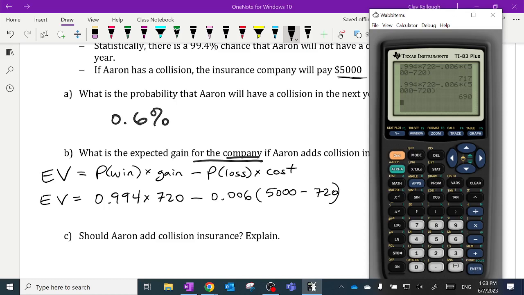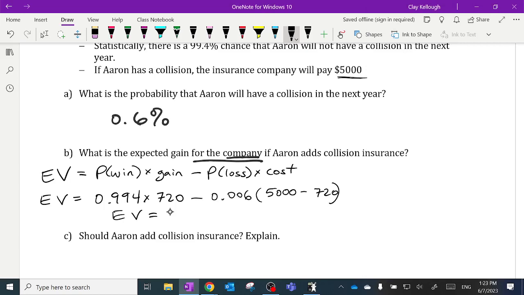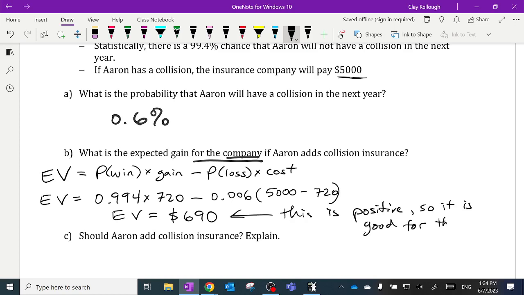That's the number I got this morning. The expected value for the company is $690 of profit. Right? That's a positive number, right? This is positive, so it is good for the company.